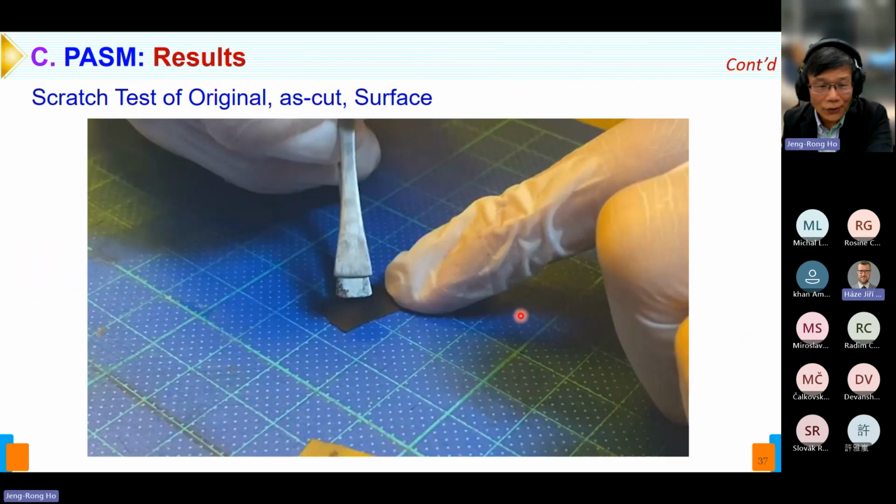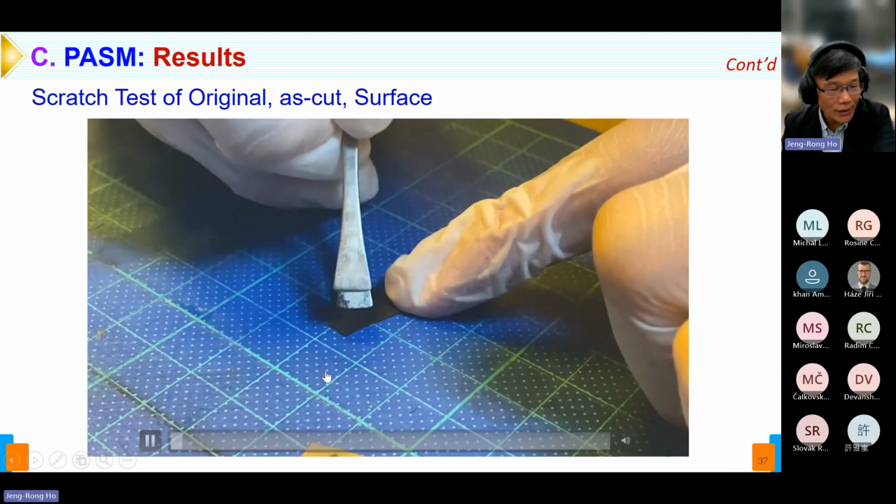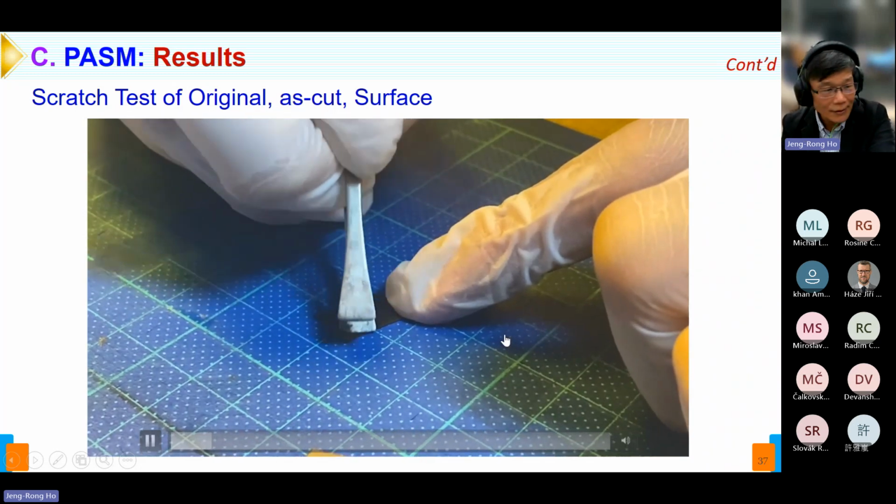Okay, so before grinding, we performed a pre-scratch test to compare the original surface with the PASM modified surface to evaluate the effectiveness of the modifications. Here you can see, very quickly, this one is the original surface.